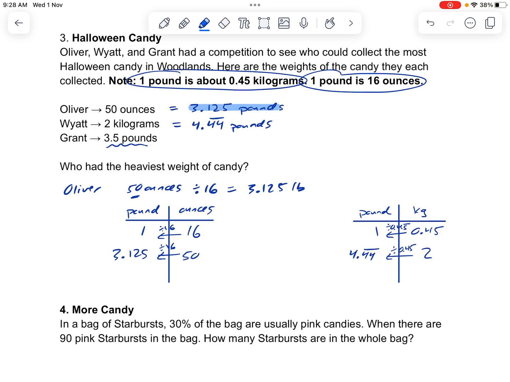Well, we've got Oliver, Wyatt, and Grant. All you've got to do is look at those three numbers, and Wyatt has got the most candy. Always write your statement out and make sure it's really clear what your answer is, along with the evidence for that answer and reasoning.